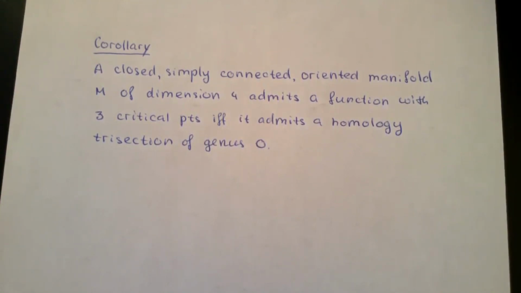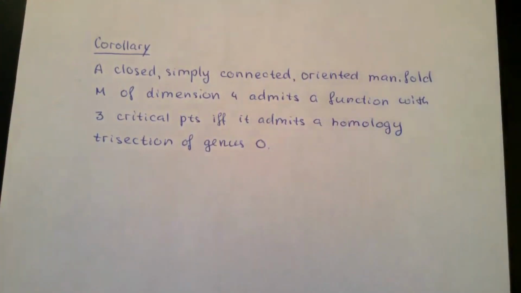If a manifold is simply connected, then of course one would expect that the minimal number of critical points of a function should be less than 5. And at this moment, we can prove that the minimal number of critical points of functions on any simply connected manifold is 3 if and only if this manifold admits a homology trisection of genus 0.